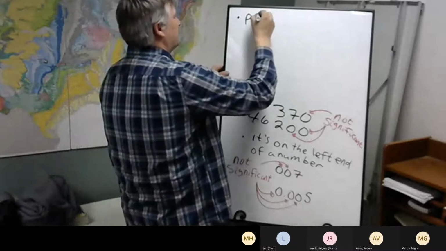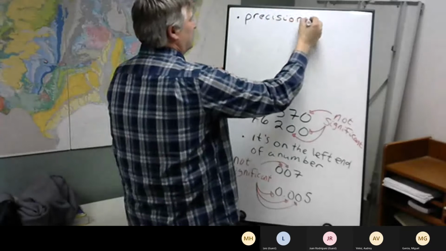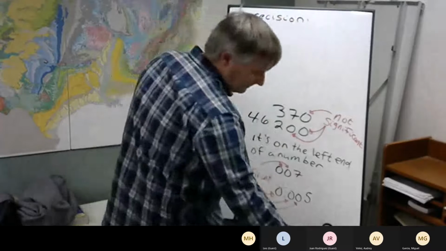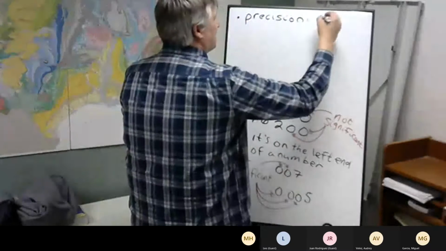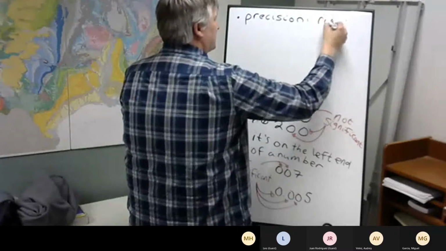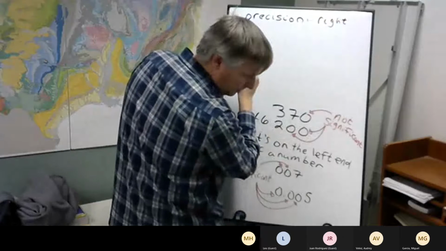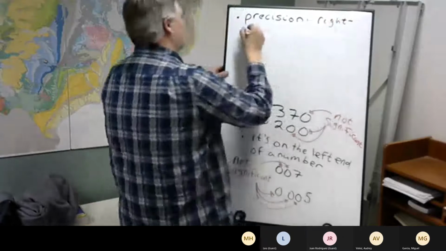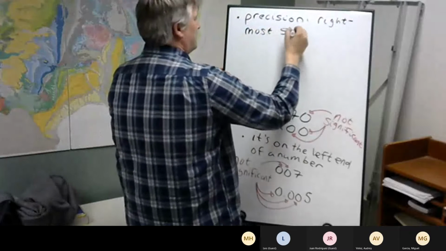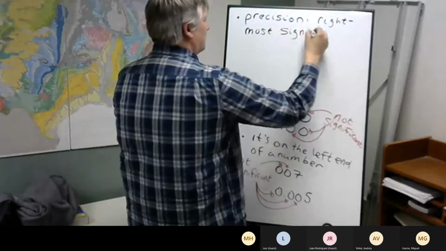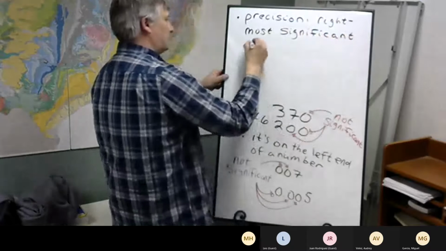So precision is the rightmost significant digit.